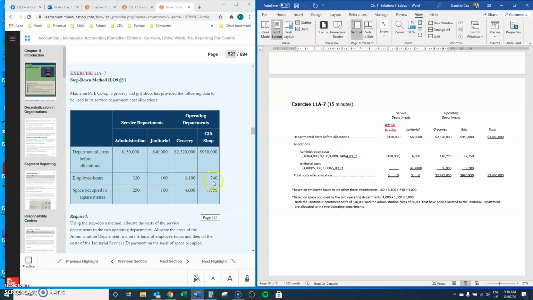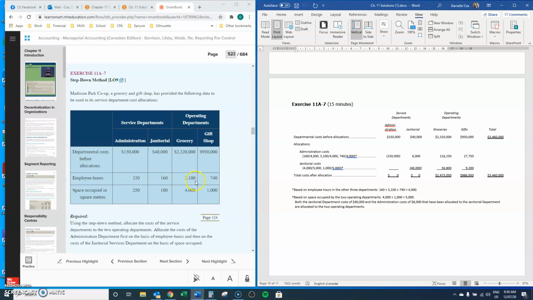Those added together is 4,000, because you're going to get allocated the cost based on your portion of the hours. So janitorial used 160 of the 4,000 hours, so you take 160 divided by 4,000 and multiply it by the 150.